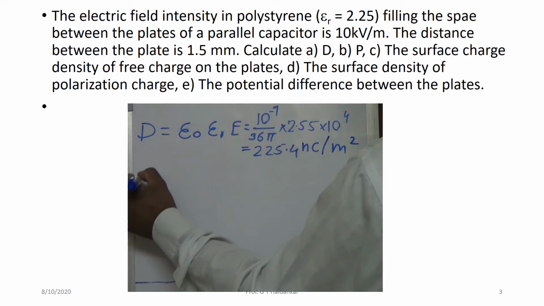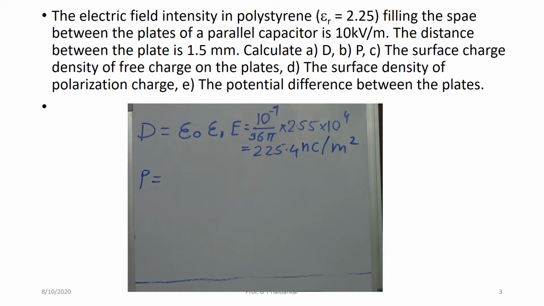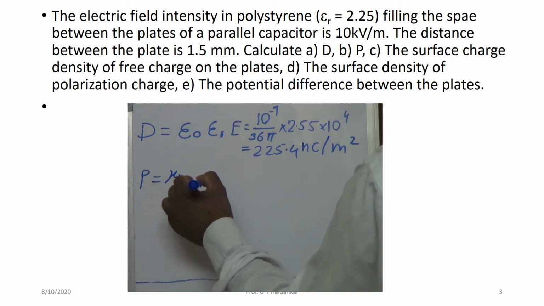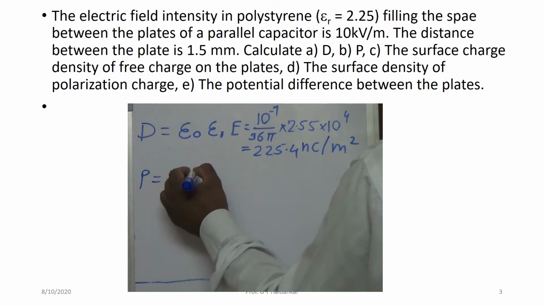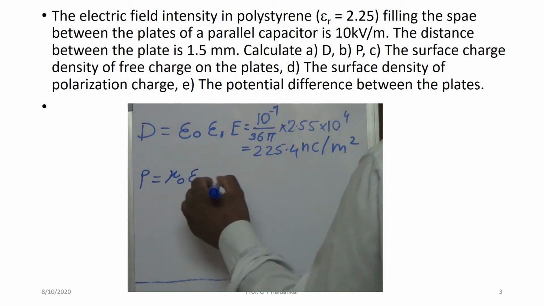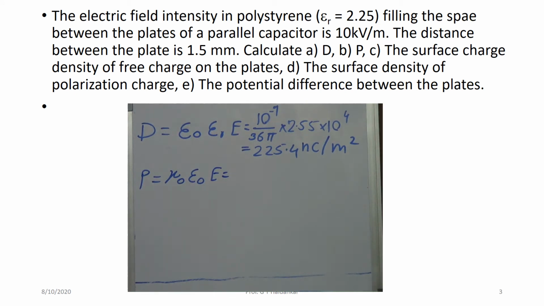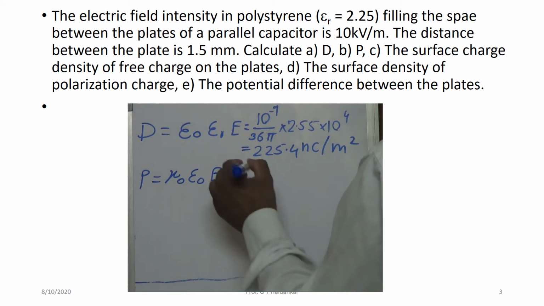Then P is equal to, we have already seen, the susceptibility, then epsilon 0 and E. So this is equal to P. So susceptibility is equal to epsilon r minus 1.